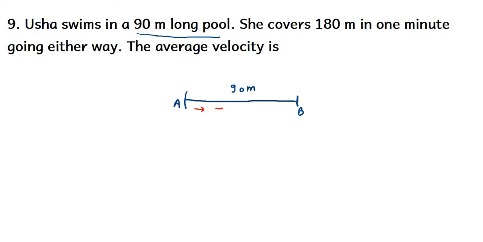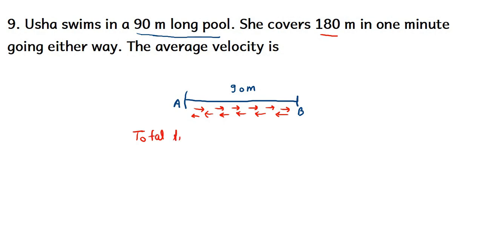Usha covers 180 meters in 1 minute. Suppose from A to B she has swum, and from B she reverts back and swims in the opposite direction from B to A. In that way she also covers the same distance.